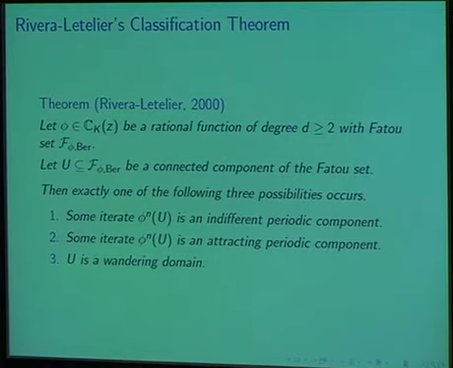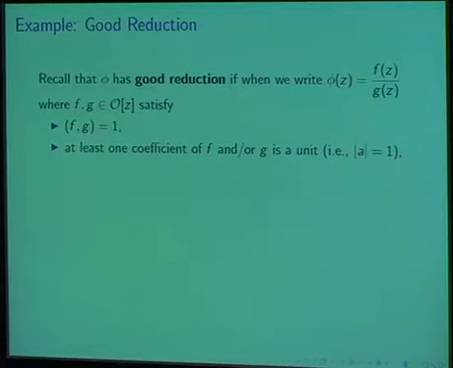So in other words, just summarizing the punchline I gave away on the previous slide: any component certainly either is wandering or ultimately ends up in a periodic component. The periodic components come in exactly two non-overlapping types. They're either indifferent or they have an attracting point. That's it.